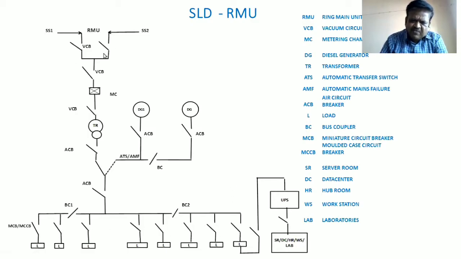When you are getting supply from this system, this must be kept open. It is not supposed to be closed. Imagine what happens if you close both VCBs at a time. You are connecting 2 different substations to one point. It's a dead short.